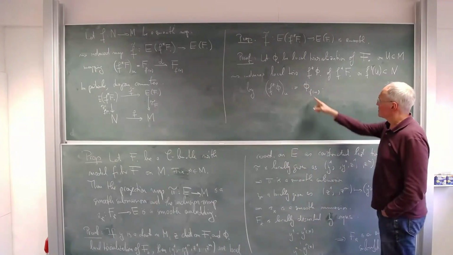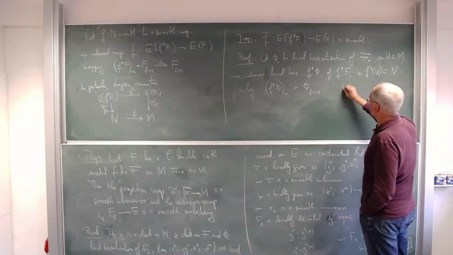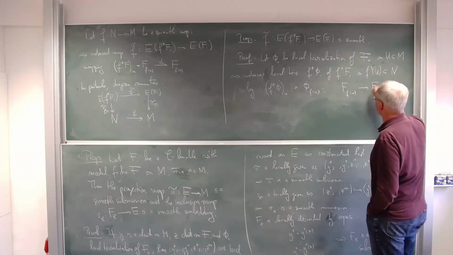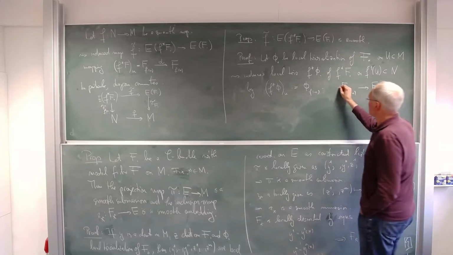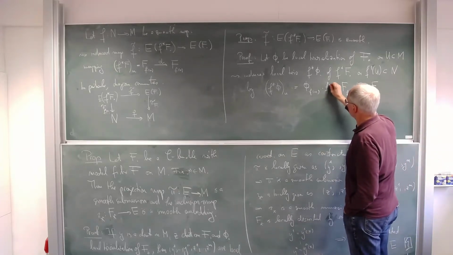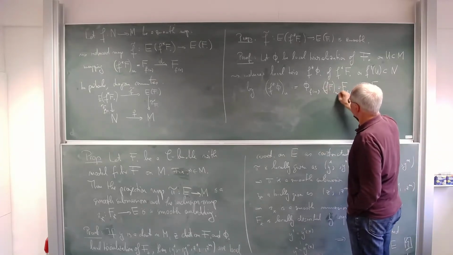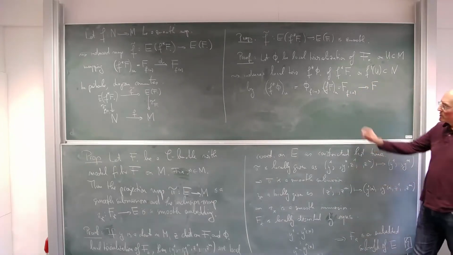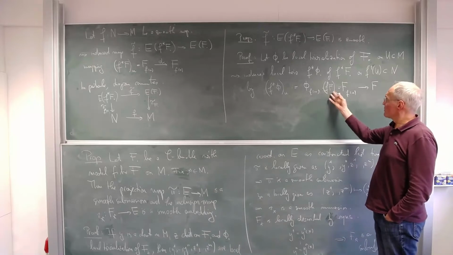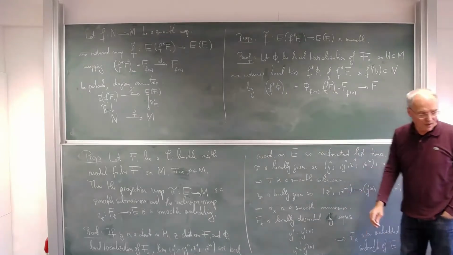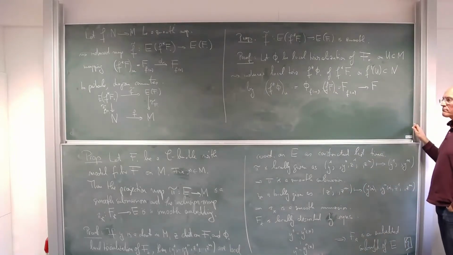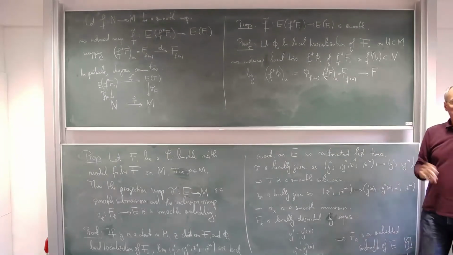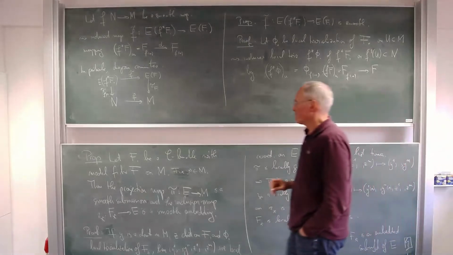Why? Because what does this thing do? This maps the fiber over F of u isomorphically to the model fiber, but this is the same thing as the fiber of the pullback bundle over u. And so we have something that maps this fiber onto the model fiber. So we can also pull back the local trivializations.